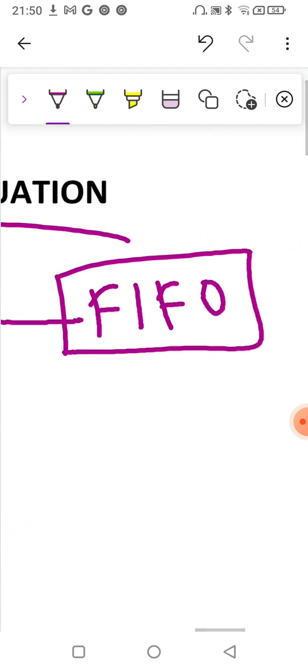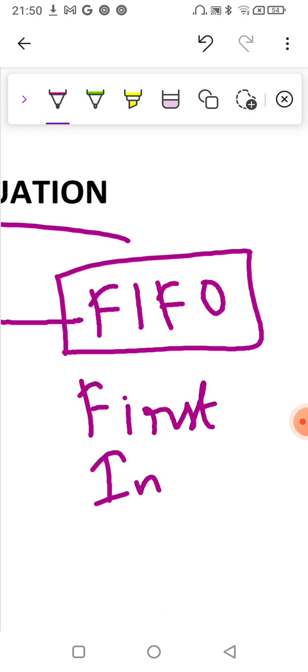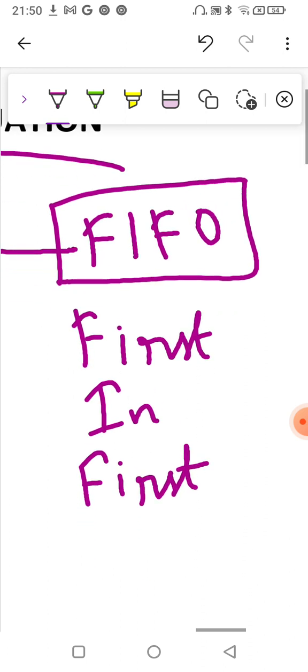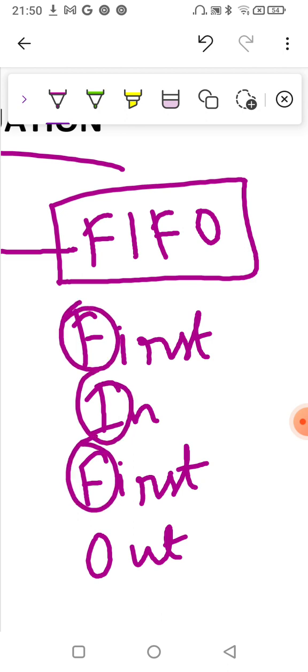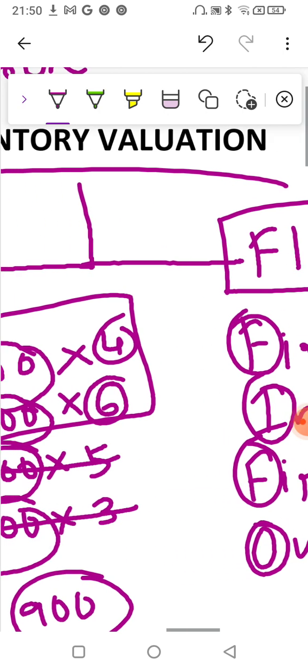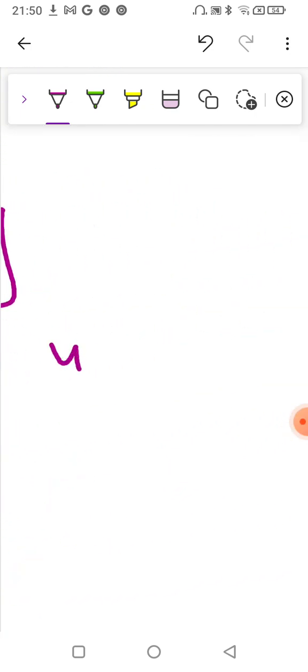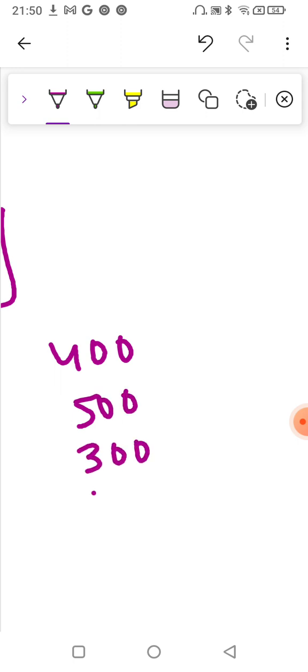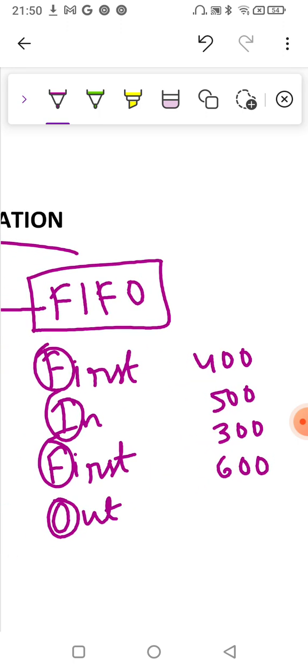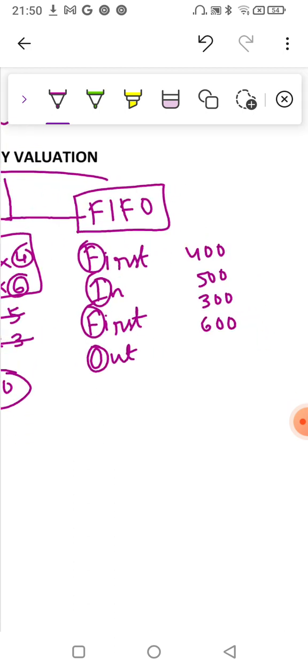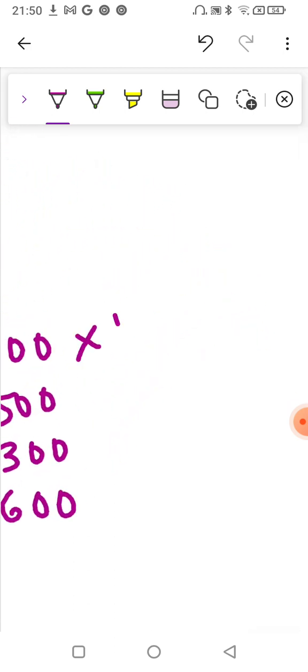Similarly, FIFO stands for first in, first out. If I take the same example of 400, 500, 300 and 600 units of goods purchased, first for 4 rupees, then 6, then 5, then 3.